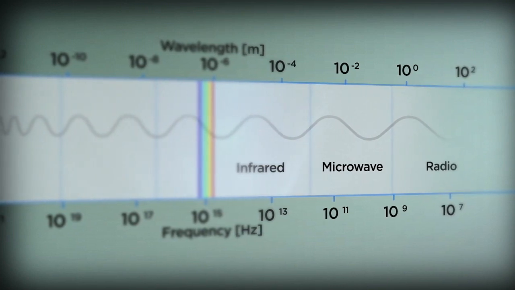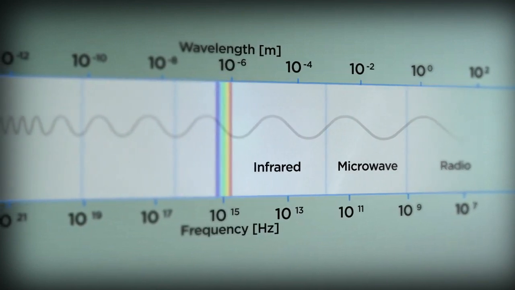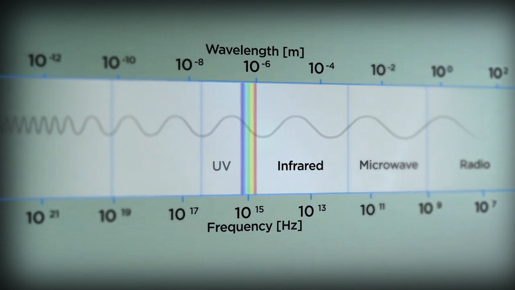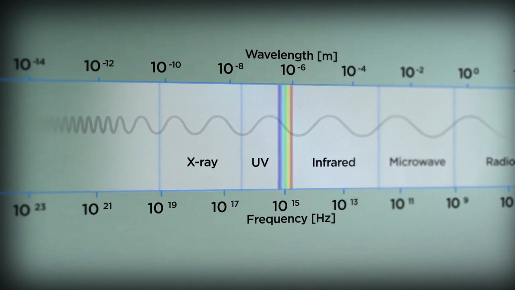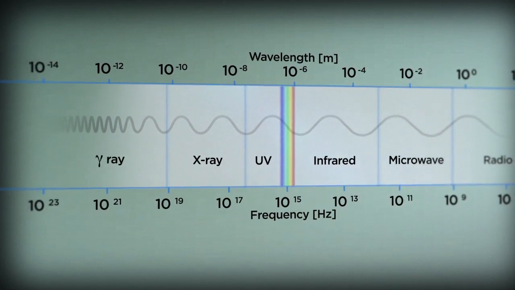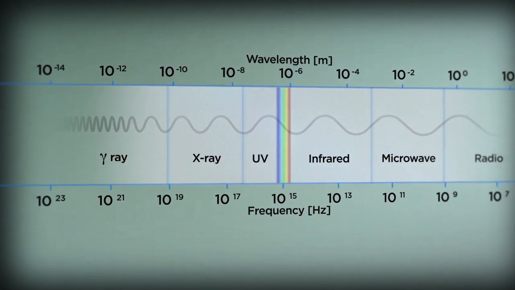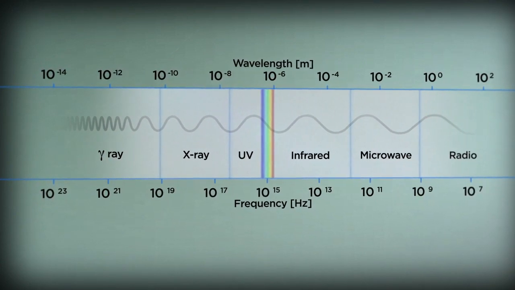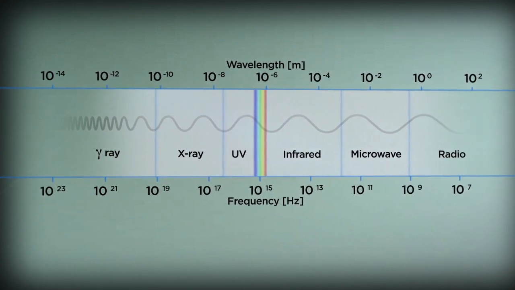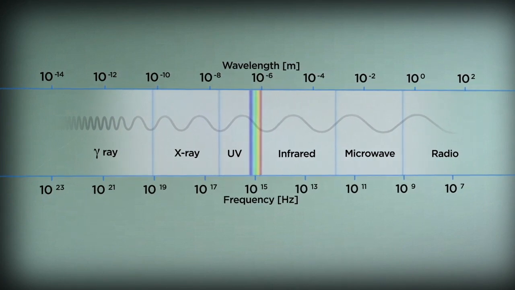Likewise, on the short wavelength end, we have ultraviolet radiation, and shorter than about 10 nanometers, we call them X-rays and then gamma rays. All these names and boundaries, they're arbitrary. They're based on the different technologies that humans use to study electromagnetic radiation. Nature herself makes no sharp distinctions.